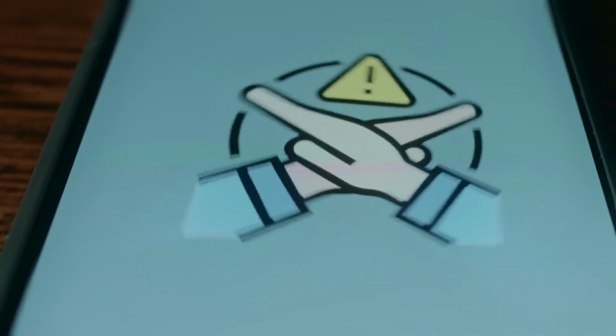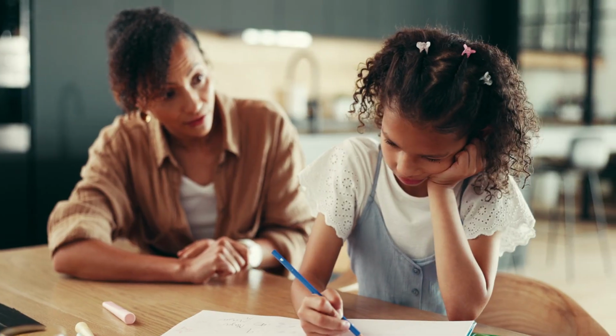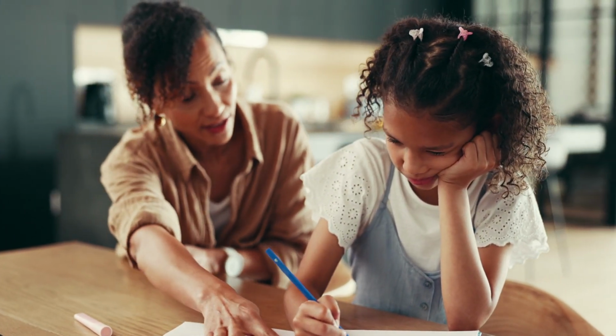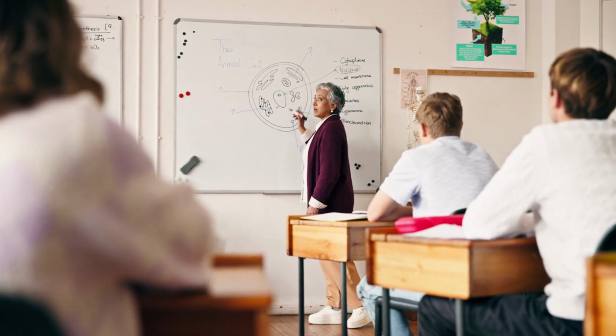However, screeners have limitations. Some of those limitations are: they cannot tell us why a student is struggling. They cannot tell us which foundational skill is missing. And finally, they cannot tell us what intervention to provide. Screeners simply raise a flag and say, hey, this student needs a closer look.